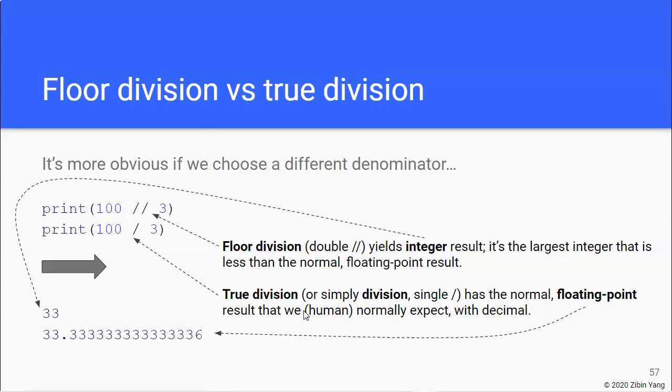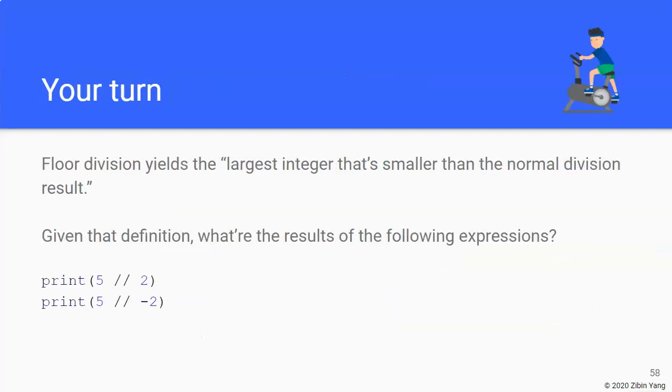So true division is something that we are very familiar with. The floor division, on the other hand, might be new to some of us. So to make sure that you truly understand what floor division does, here is a little exercise that I would suggest you do.